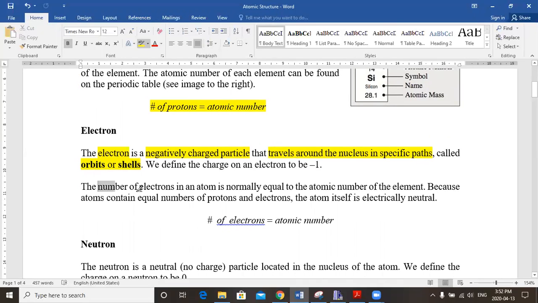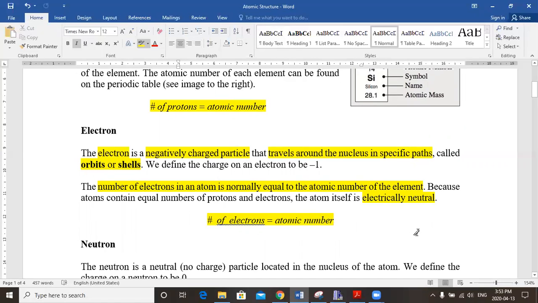So the number of electrons in an atom is normally equal to the number of protons, and that is if the atom is electrically neutral. In that case, the number of electrons would equal the atomic number of the element.